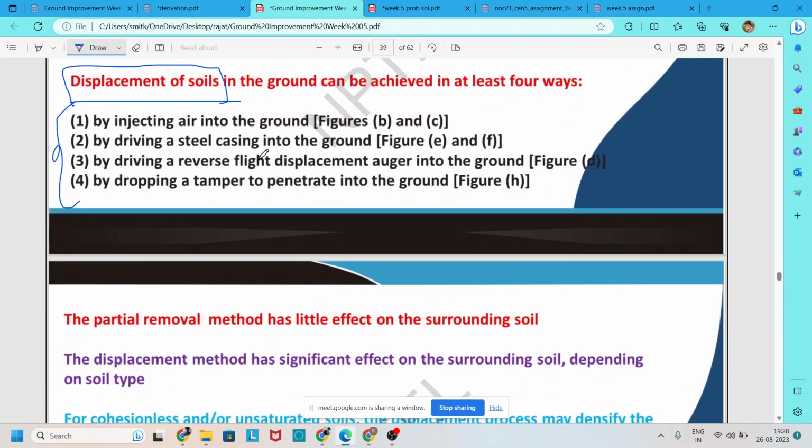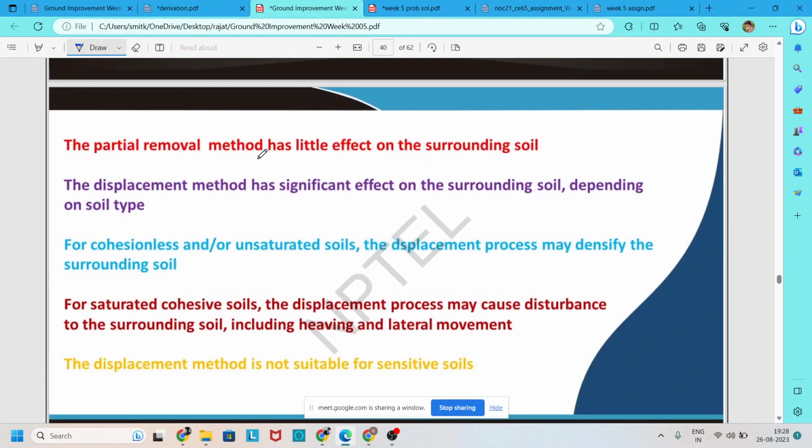So, moving to the next slide, we discuss the partial removal and displacement techniques, and which type of soil they are suitable for. During partial removal, the surrounding soil is not affected, or only slightly affected.